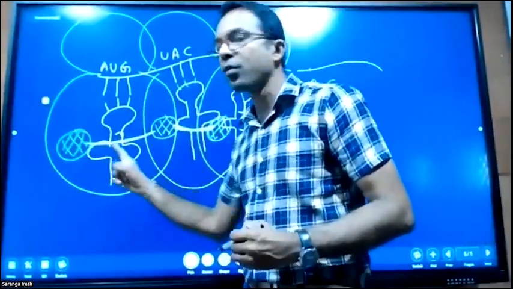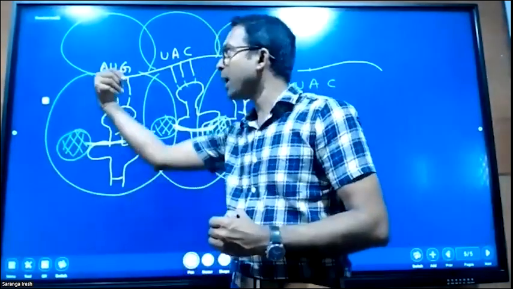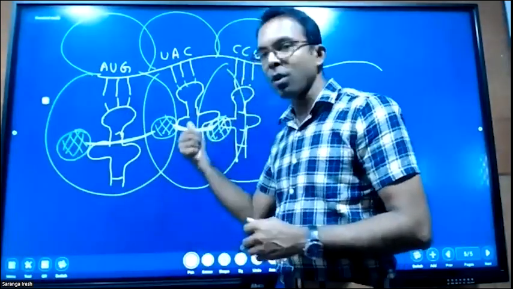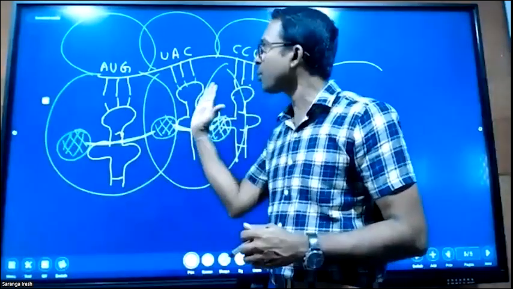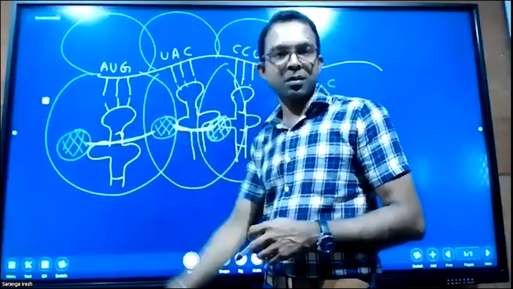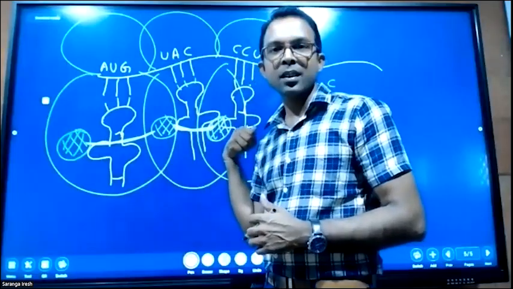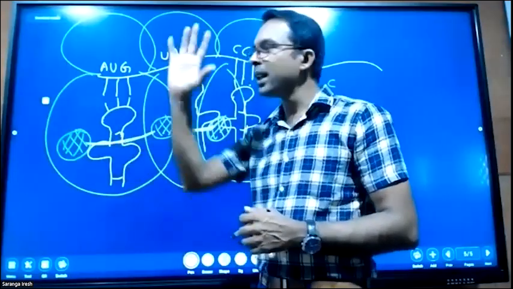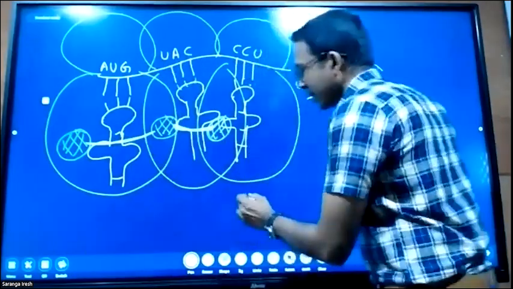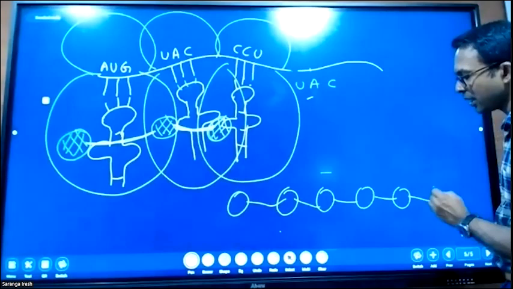As the peptide bond is formed, the tRNA is detached from the mRNA as well as from the amino acid, and it also leaves the ribosome. As the peptide bonds are forming, the tRNA leaves, the ribosome leaves, and finally it creates this amino acid sequence. A polypeptide sequence is created.